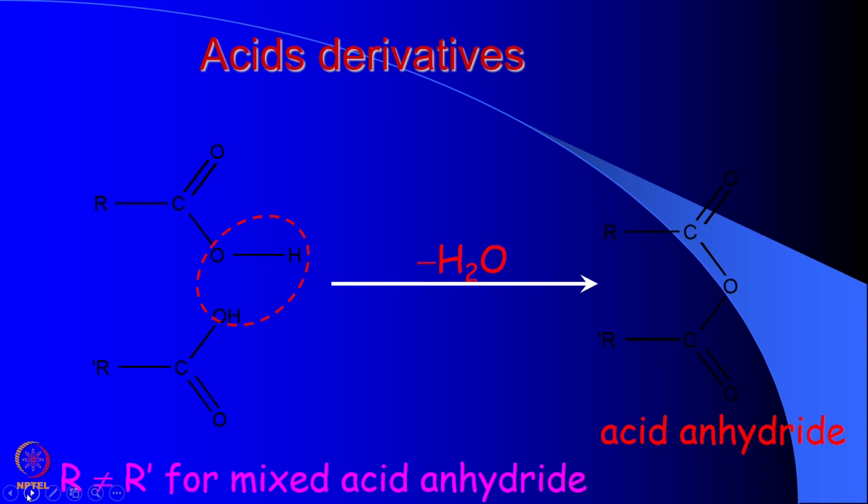When you have two acid groups joined together by a dehydration process, it forms a new type of molecule with an RCOOCOR kind of moiety, that is called the acid anhydride, and it is possible that there may be different R groups, which forms a mixed anhydride.